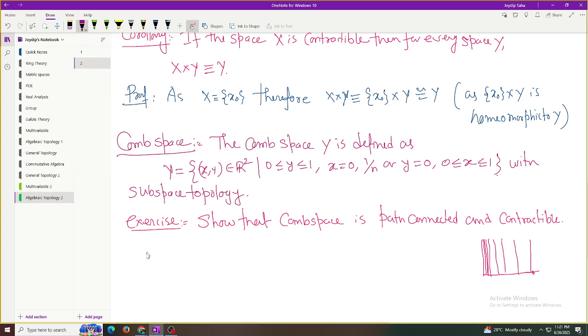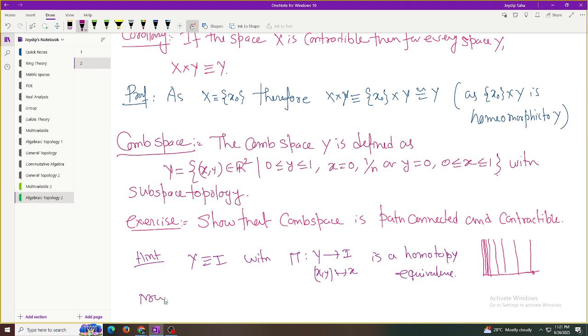Y is homotopy type to I. If we project via this, your homotopy equivalence pi: Y to I, (x,y) goes to x, is a homotopy equivalence.